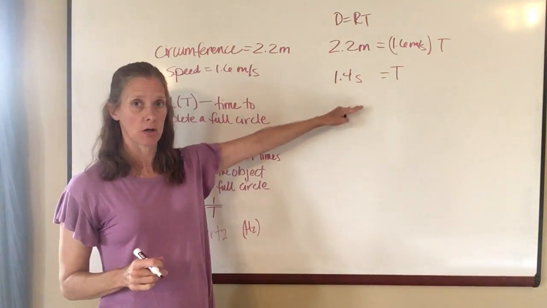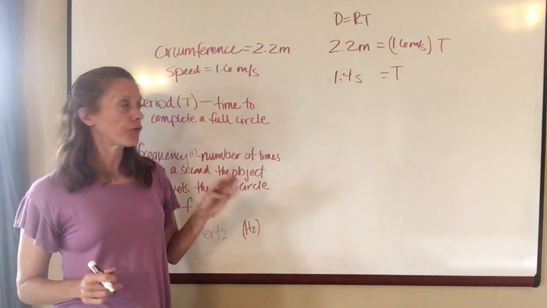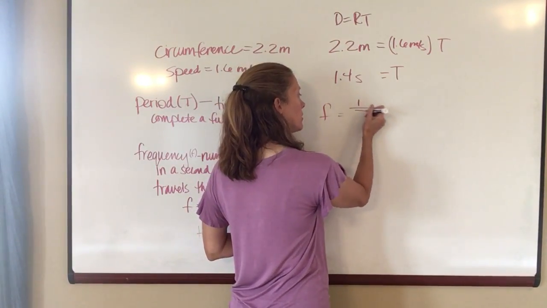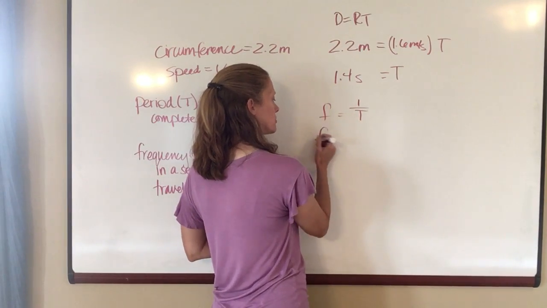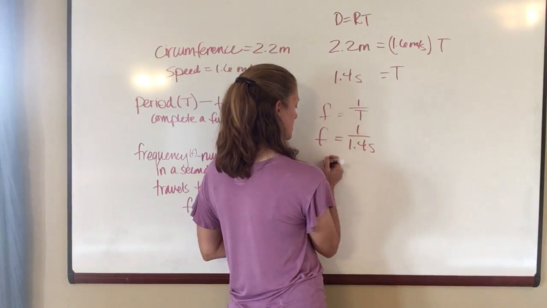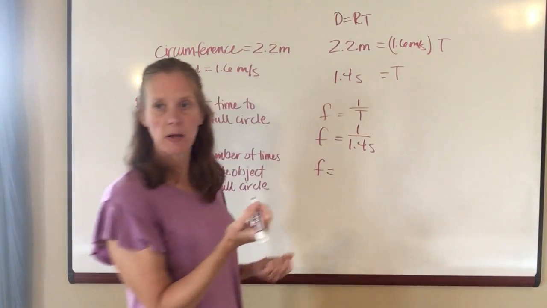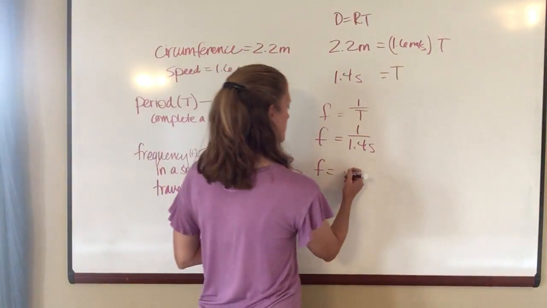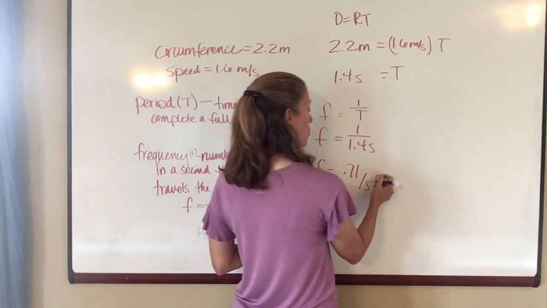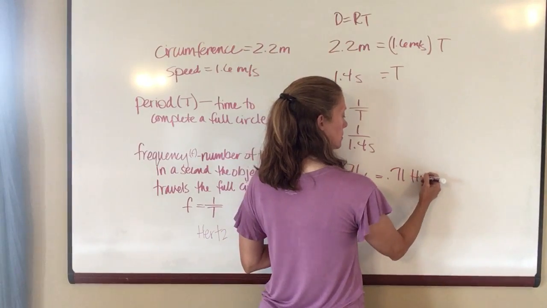So that's the period. Now, if I want to know the frequency, it's just the reciprocal of the period. So therefore, I'm just going to take 1 over 1.4 seconds. And if you divide 1 by 1.4, you're going to get 0.71 per second, or 0.71 hertz.